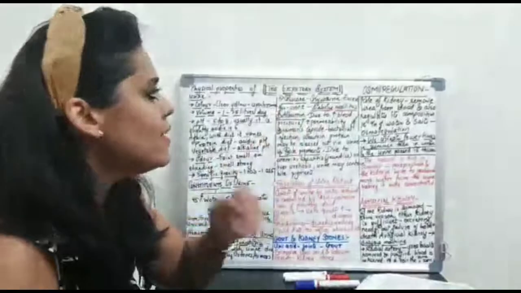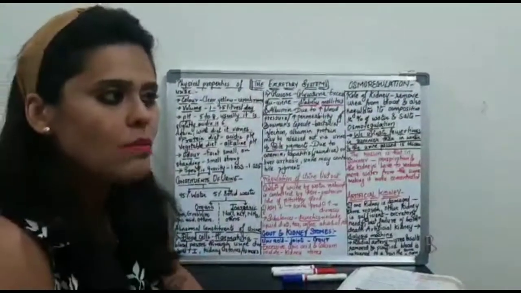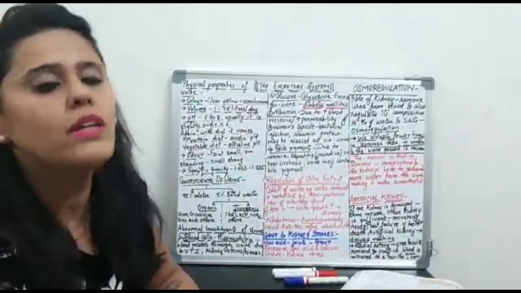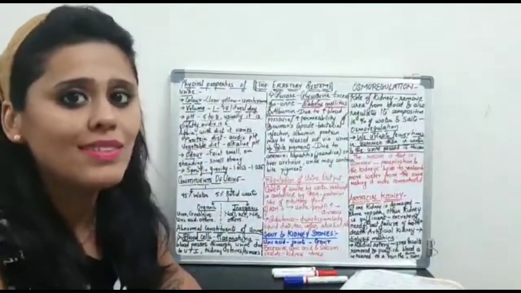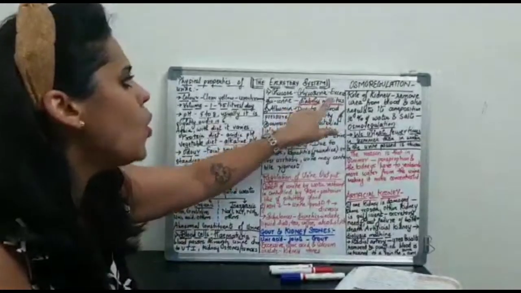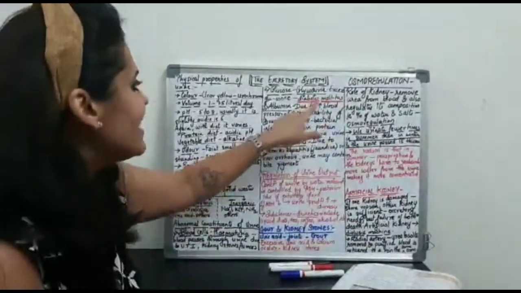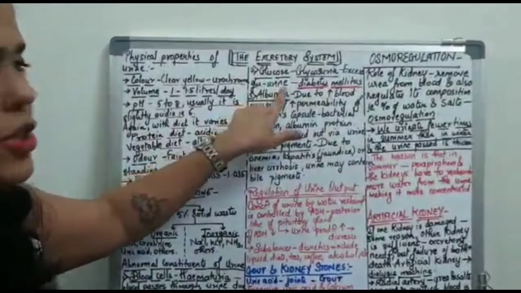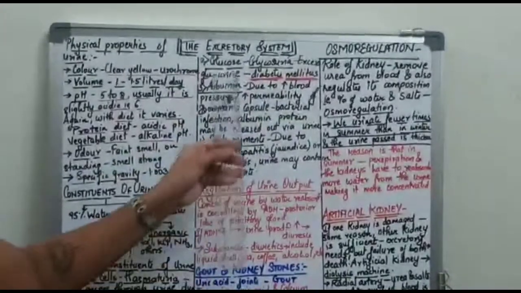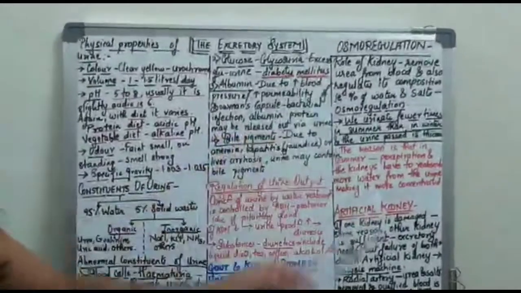Second is glucose. Students, you all must be thinking that glucose is a normal composition of urine. No. If glucose is seen in urine, a person is suffering from glycosuria. Excess glucose in the urine means the person suffers from a disease commonly called diabetes mellitus.